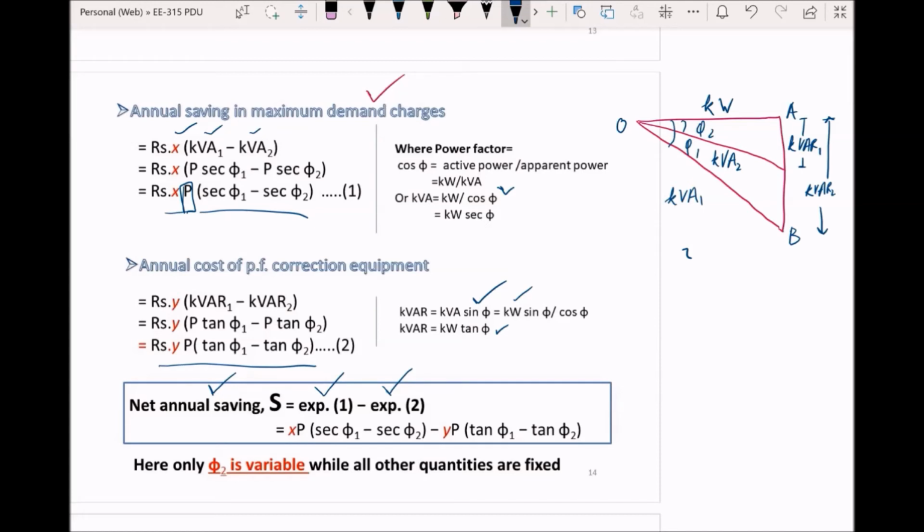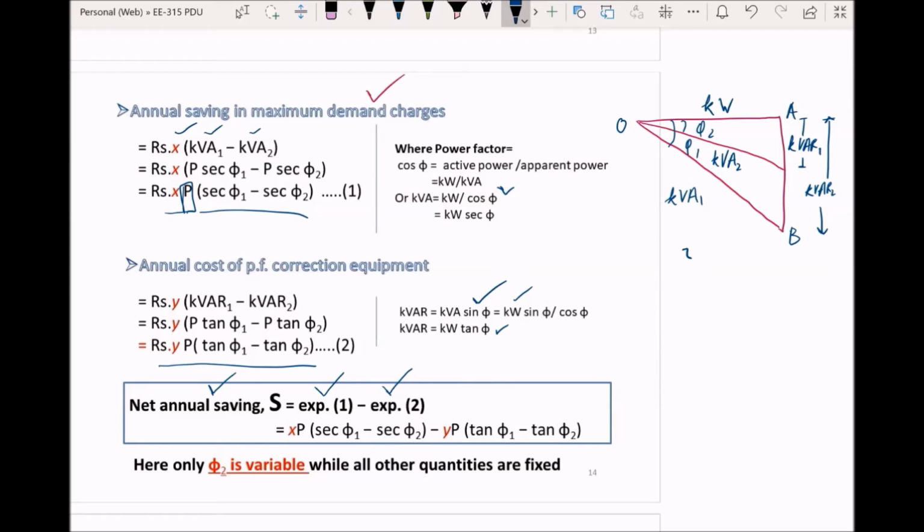Now there's another thing which we need to highlight here: the values x and P, which is active power, and the angle phi 1 and the y, are all constant except for the variable quantity, which is phi 2, because this will be varying depending on the reactive power being demanded.